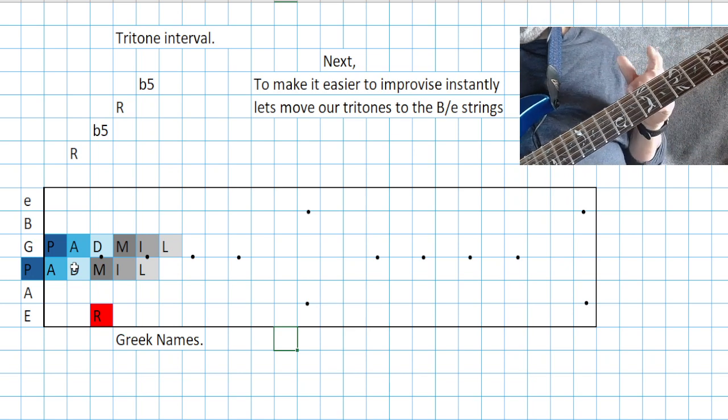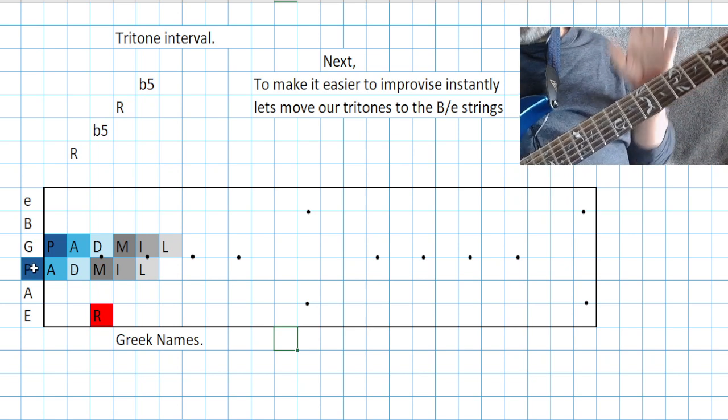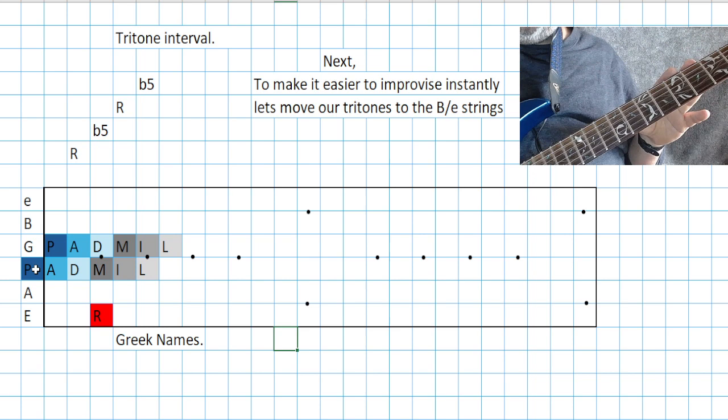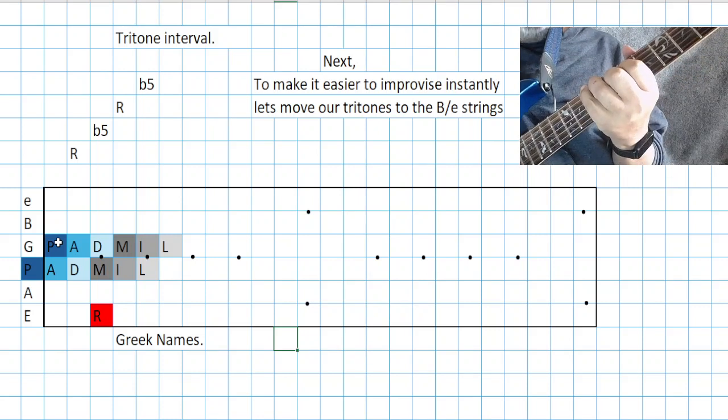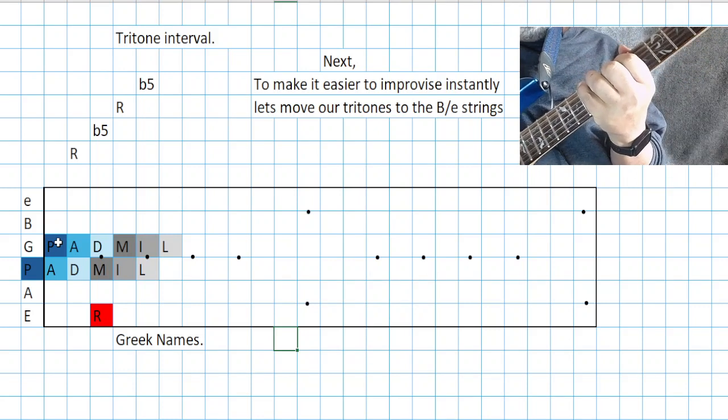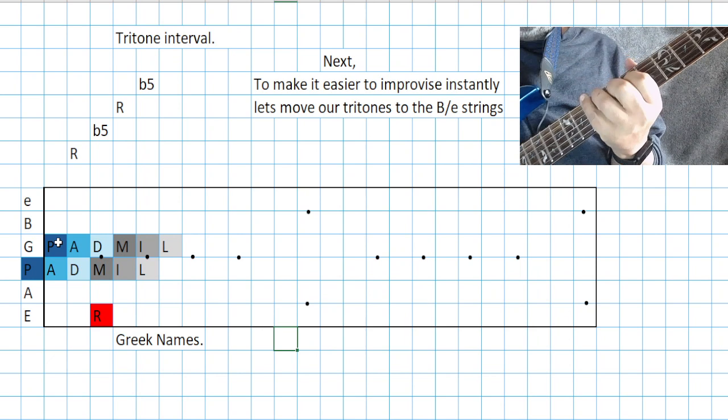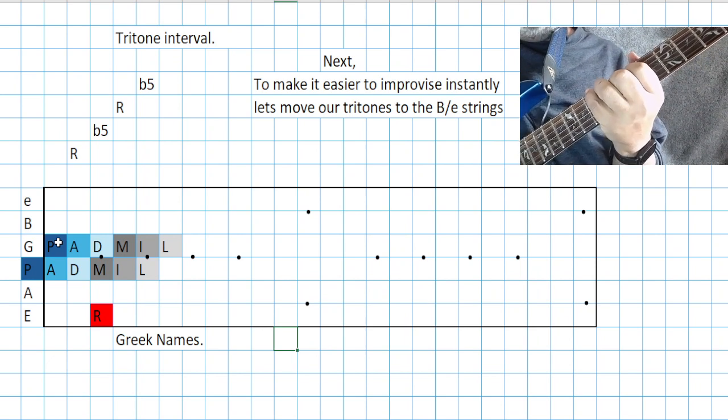One thing I didn't mention earlier is that the big theory buffs might say, hey, we were talking about these being the defining notes. Well, this one here on Phrygian could be Lydian, or it could be Locrian too.